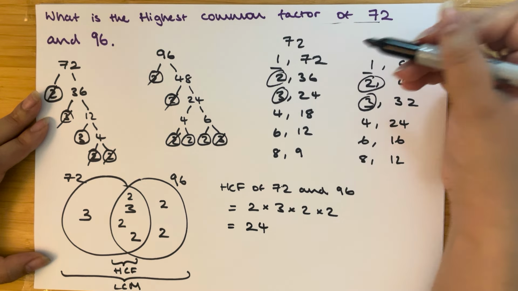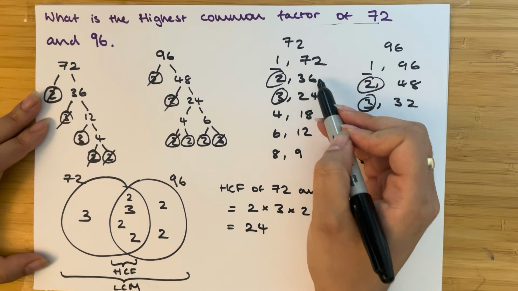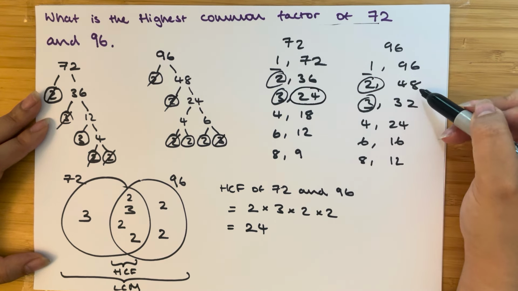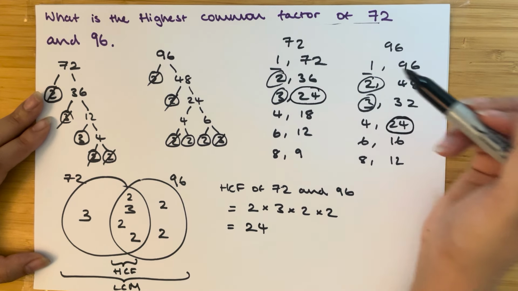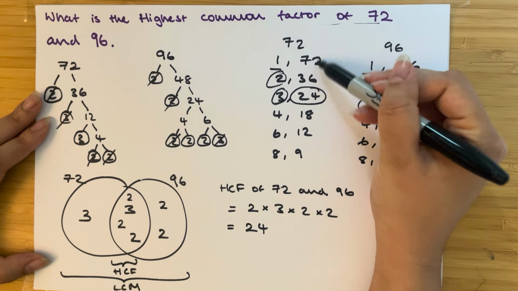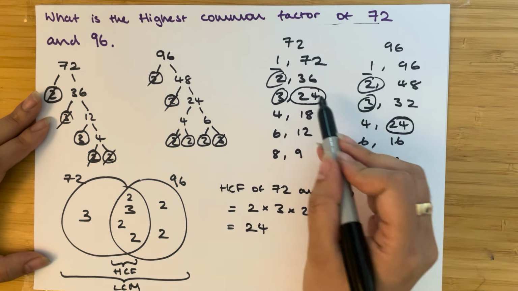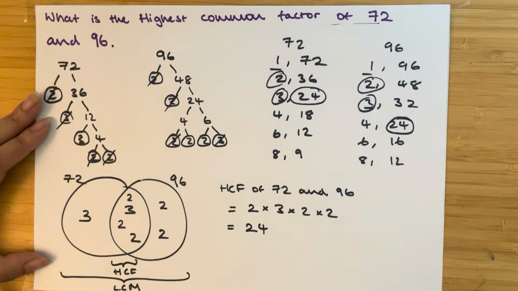Okay, and going down the list here, I see 72, 36, 24, 96, 48, 32, 24. So there's no number above 24 in this one that is also above 24 here. So, as we can see, 24 is indeed the highest common factor of 72 and 96.